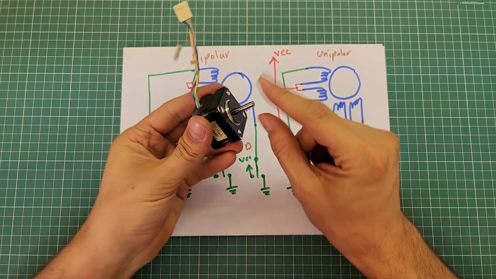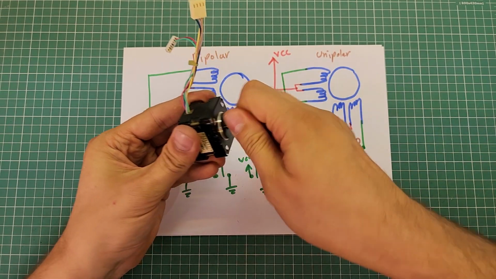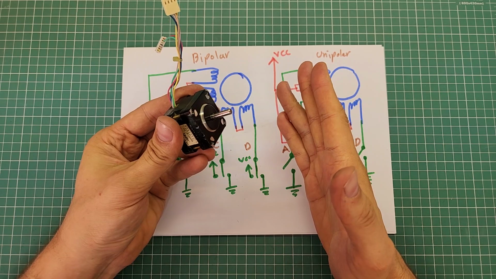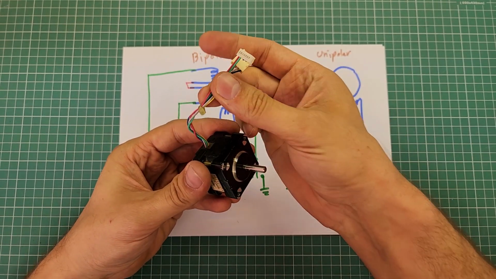Note that the direction of current in a stepper motor's inner windings has nothing to do with the direction of motion of the motor shaft. To drive a stepper motor, I mean to make the shaft turn clockwise or counterclockwise at a desired speed, we need to apply proper voltages to these wires at the right time.